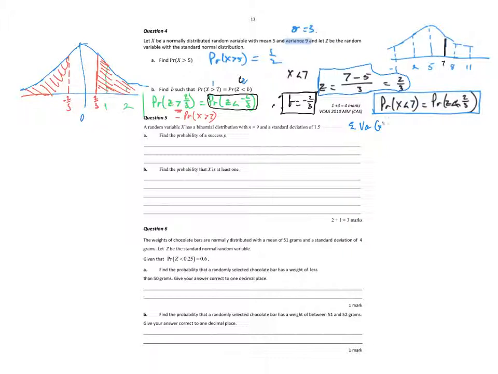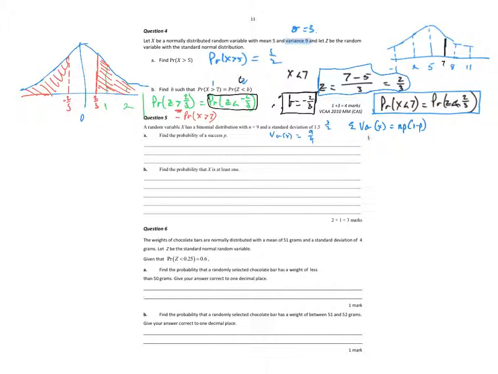The variance is equal to np(1 minus p), yeah? And if the standard deviation is 3 on 2, the variance is equal to 9 on 4.